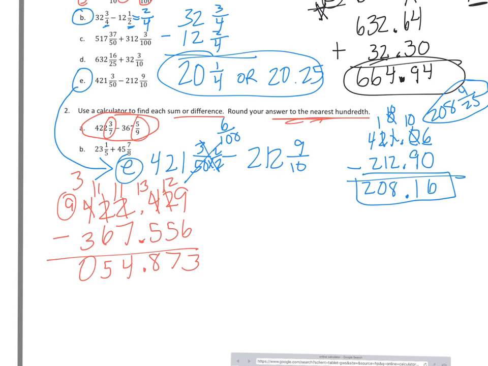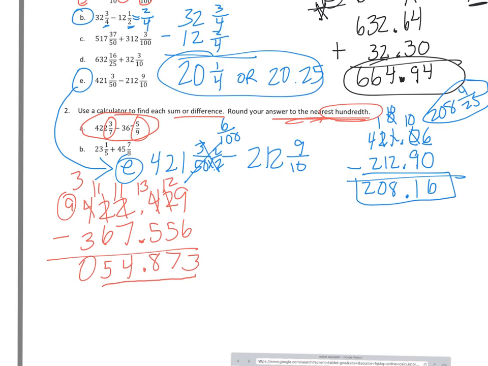Because I can't subtract anything when there's a smaller value on the top, so I have to decompose from the next place value over. So when I get finished, I have 54 and 873 thousandths.